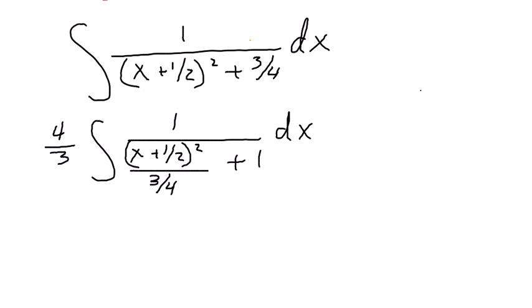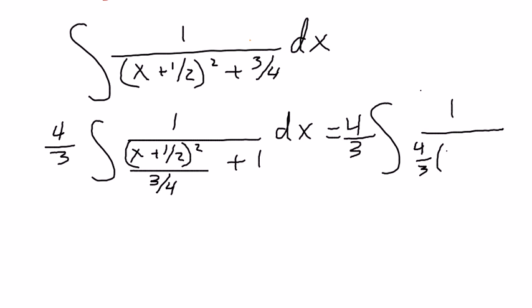Multiplying or dividing by a fraction is the same thing as multiplying by its reciprocal. So this is 1 over 4/3 x plus 1/2 squared plus 1 dx.